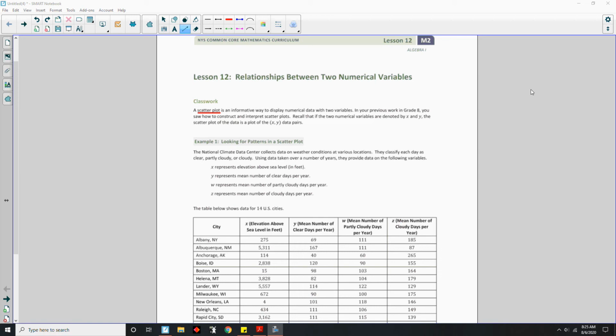Y represents the mean or average number of clear days per year. W represents the mean number of partly cloudy days per year, and Z represents the mean number of cloudy days per year. Okay, so X is elevation, Y is average of clear days, W is average of partly cloudy days, and Z is average of cloudy days.